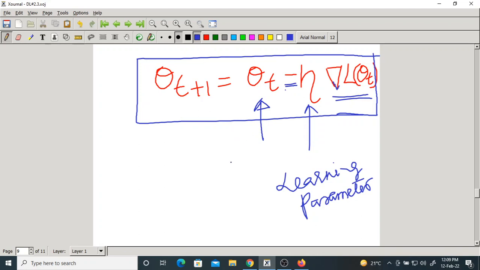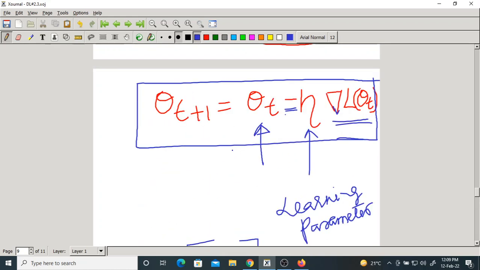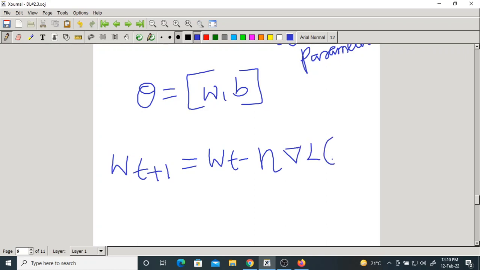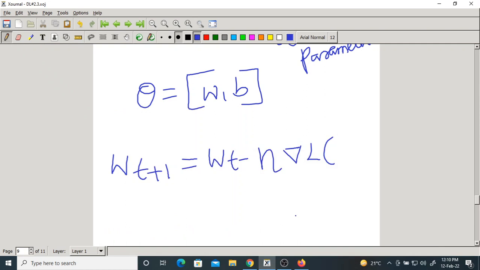But you know theta is a vector of two parameters, w and b. So instead of writing theta, you can apply this to the two parameters w and b. So w of t plus 1 equals w of t minus eta into del of L with respect to w of t.